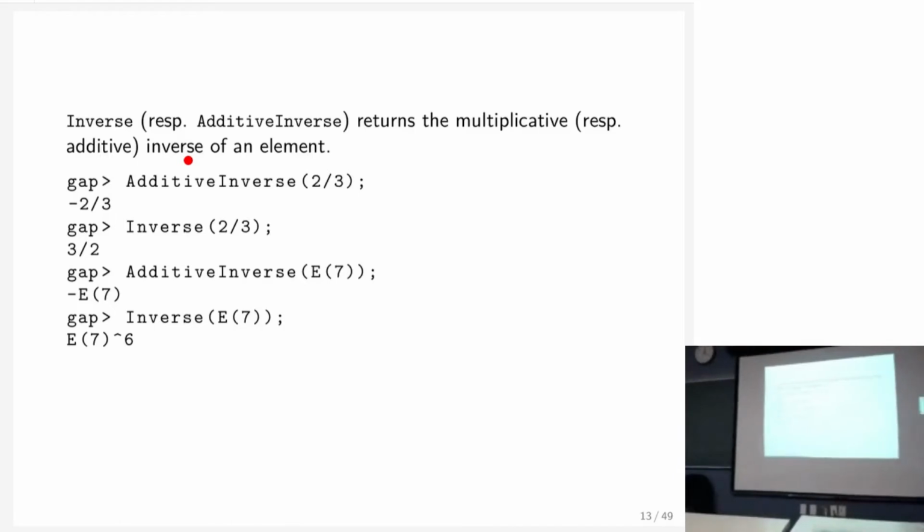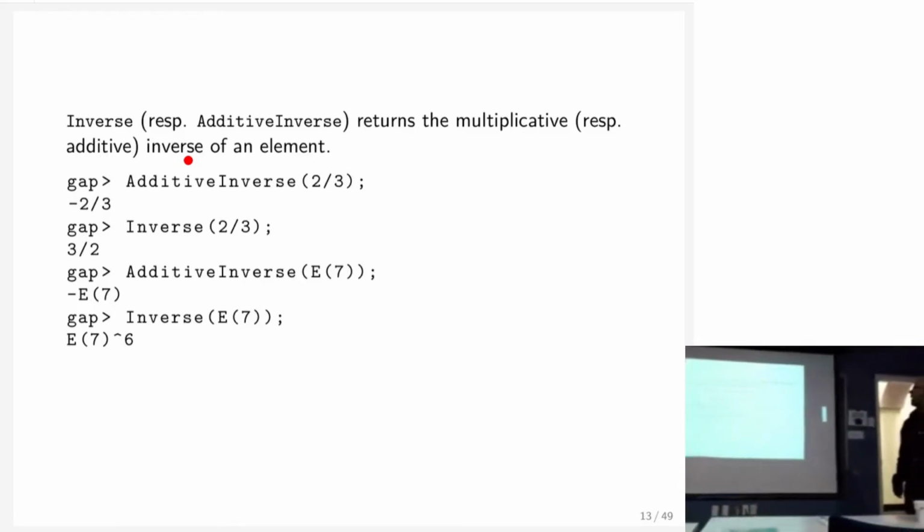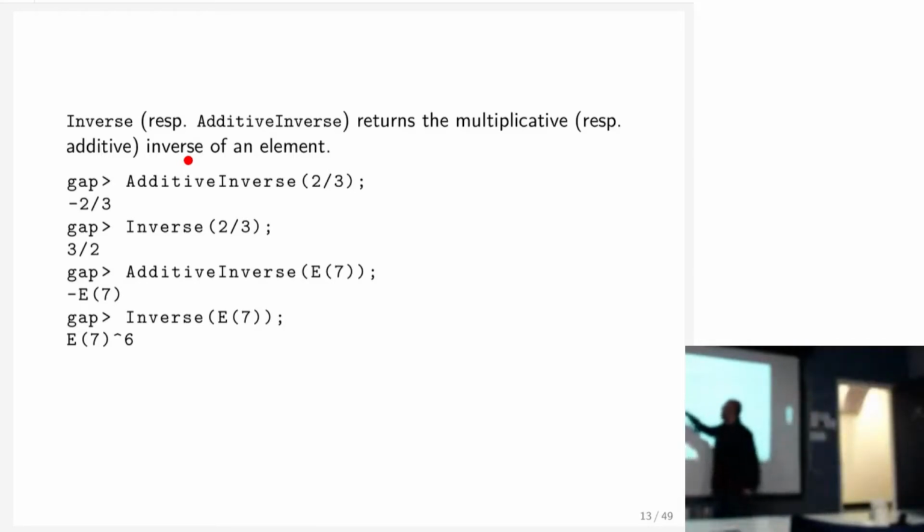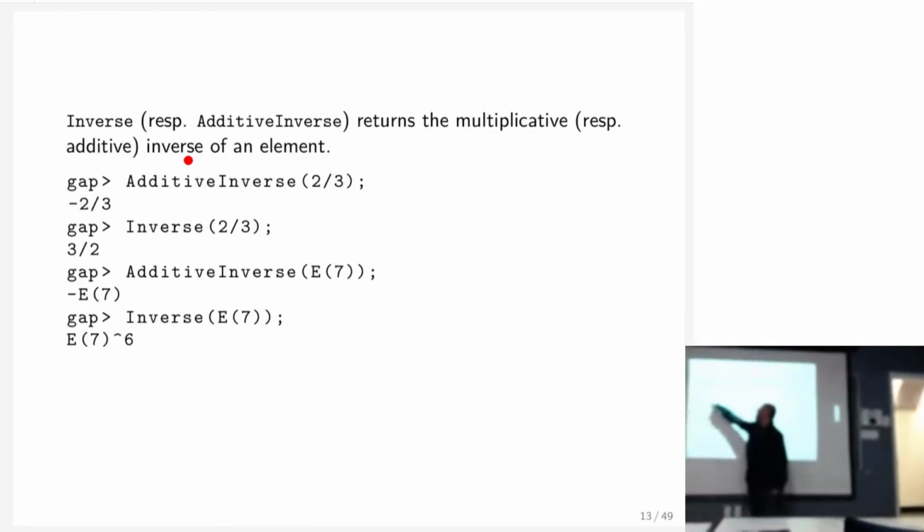Should we write the minus exactly the same way, with the first letter capital? The first letter, yes. This is the convention. You cannot change that. So the inverse is a function, so the first letter is capital.